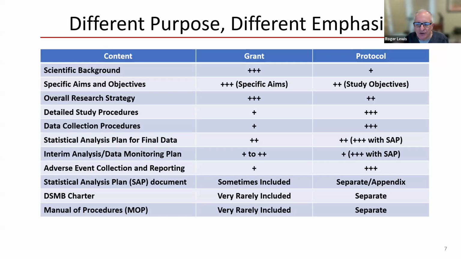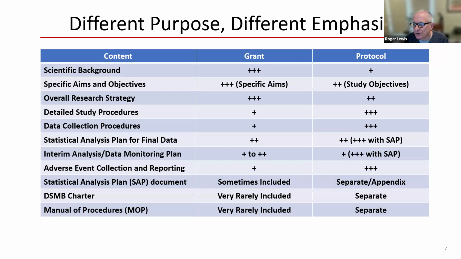In the protocol, it's just enough to basically put into context the trial. The specific aims and objectives need to be very detailed in a grant. They are usually simpler in a study protocol because an objective is actually simpler than a specific aim.